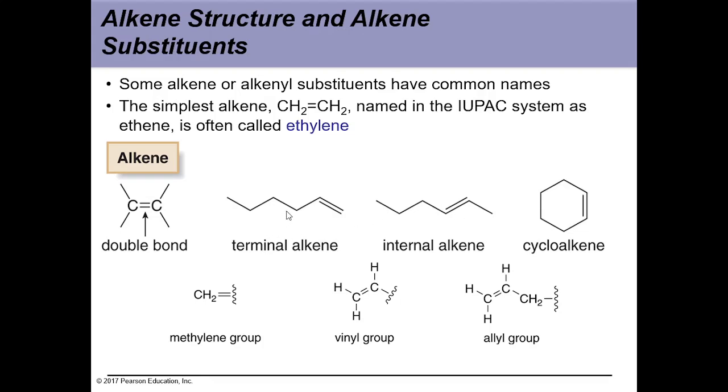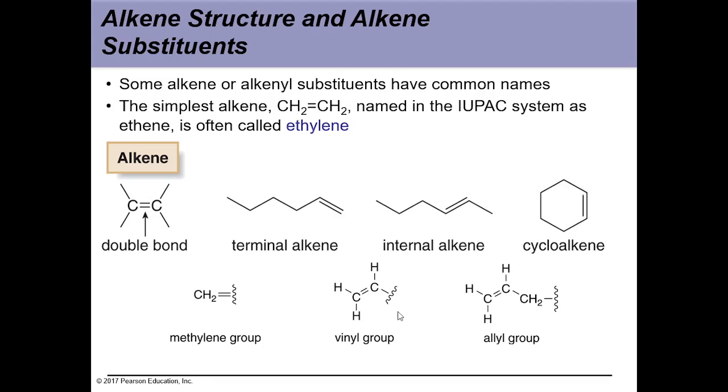Now alkene is the name of this type of compound. You can also have double bonds as one of the substituents. So for example, when you have one carbon chain with a double bond attached to something, the curved line here is showing you another larger group with other functional groups. Then we say this carbon with 2 hydrogens on the terminal end of the double bond is called the methylene group. Or you can have a complete carbon-carbon double bond attached to another larger molecule.